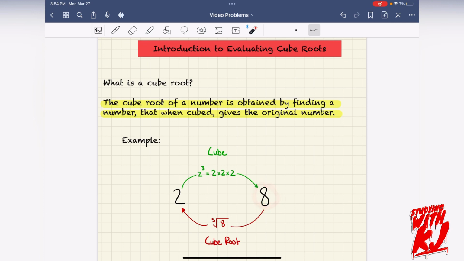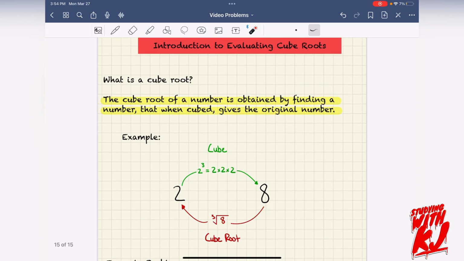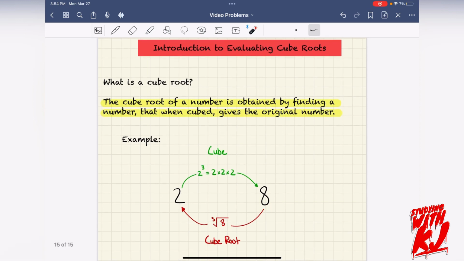So when you cube root 8, that means it's 2, because 2 can be multiplied by itself 3 times to give us our original number, which is 8 in this case. It's also important to know that when you cube root a number, that's the opposite of cubing a number. So the cube root of a number is the opposite or inverse of cubing a number.